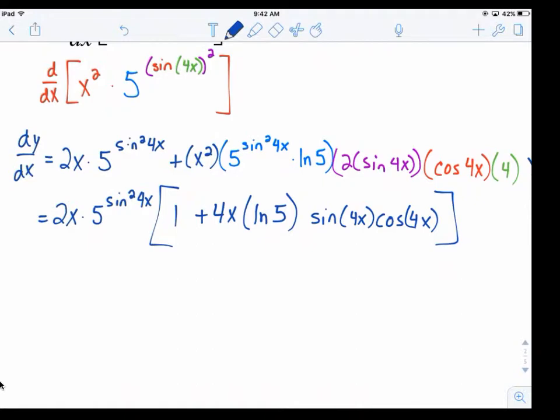When you take out the 2 and the x, you cancel 1x from there and that 2 from there, and then everything else has to stay the same. So the 4 can come outside with the x that you have left: 4x times the ln of 5 sine of 4x cosine of 4x.